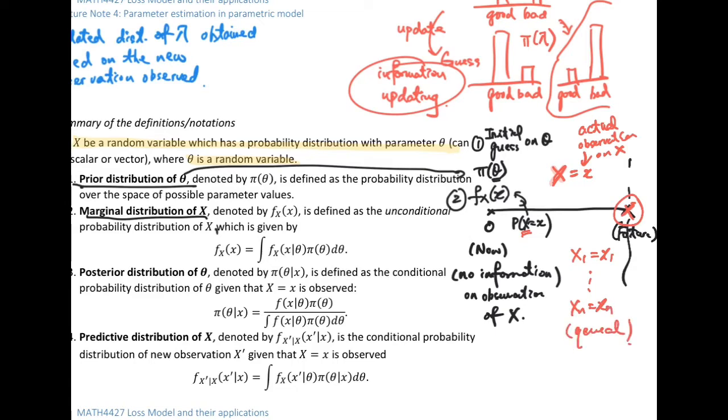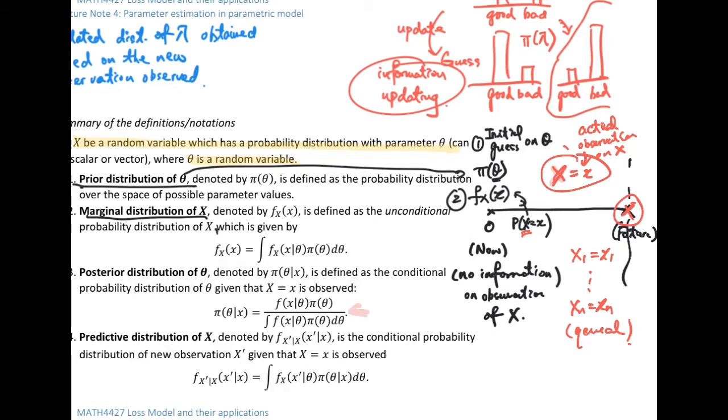Given that you have this new observation, which is your sample data from S, you can now make use of this to do the information updating. Remember, to do that we use the Bayes rule.